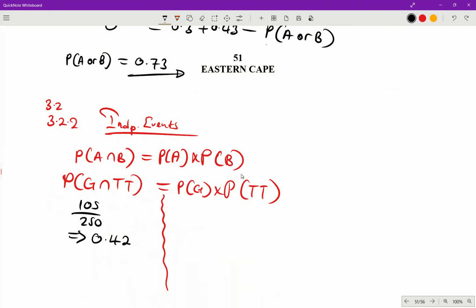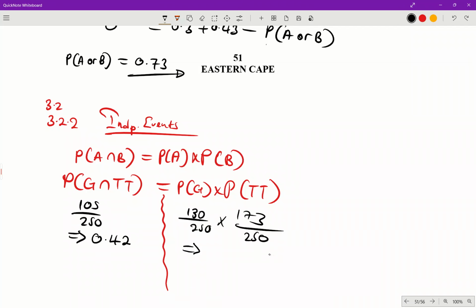So 130 over 250 multiplied by 173 over 250.